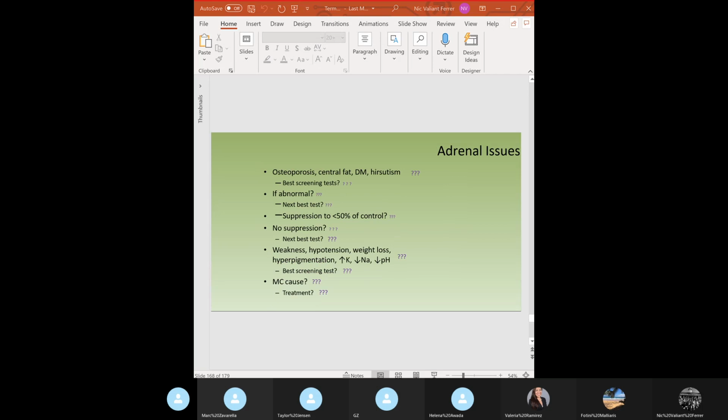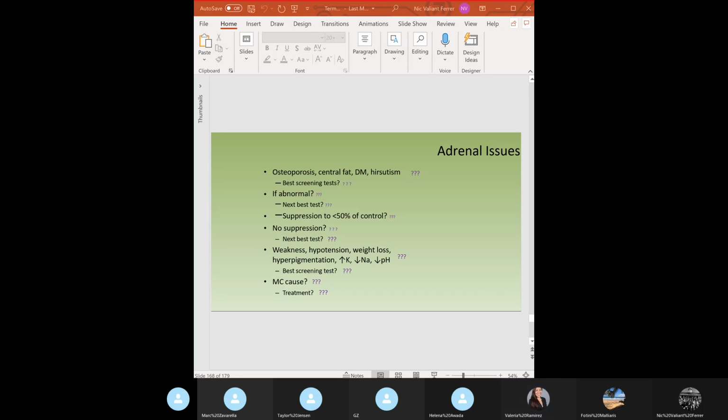Adrenal issues. Okay, osteoporosis, central fat, diabetes, hirsutism. What are we suspecting this patient has? Cushing syndrome. What's the best screening test? ACTH levels.